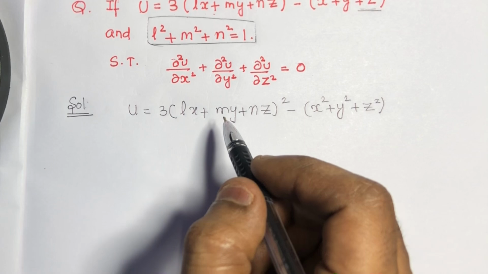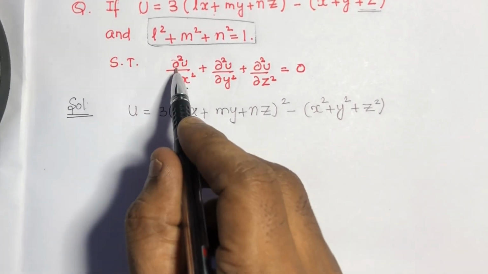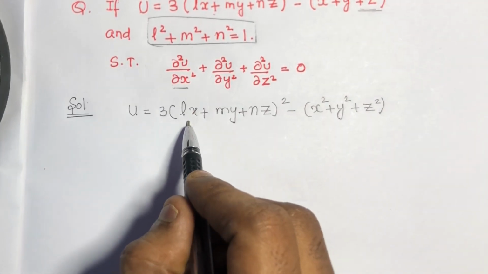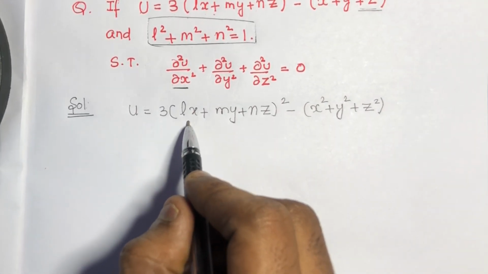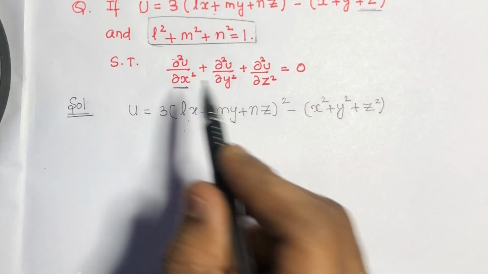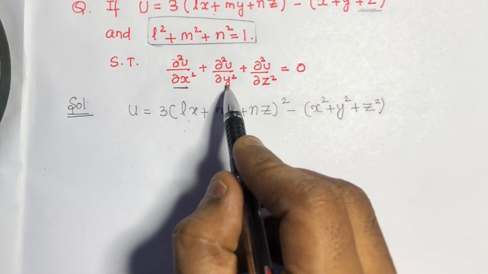Okay, now the first thing is dou square u by dou x square. That means differentiate this function 2 times with respect to x. Again differentiate the same function with respect to y.